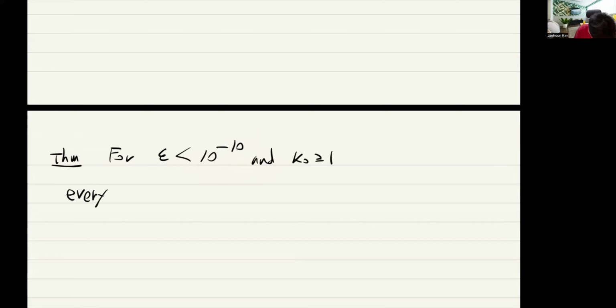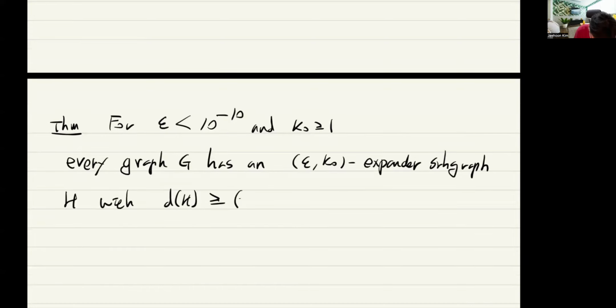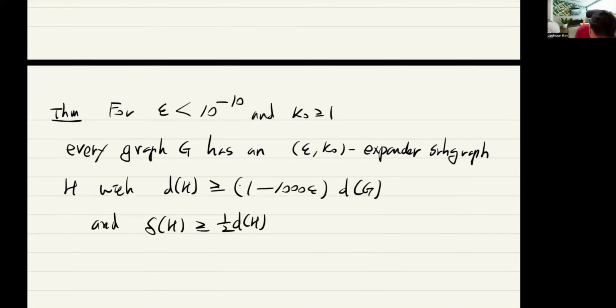Then what we can show is that every graph G has an epsilon K0 expander as a subgraph H, which certifies that its average degree is almost the same as the average degree of G, and the minimum degree of H is at least half times its average degree.